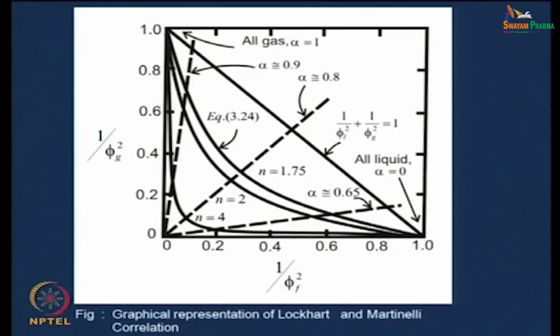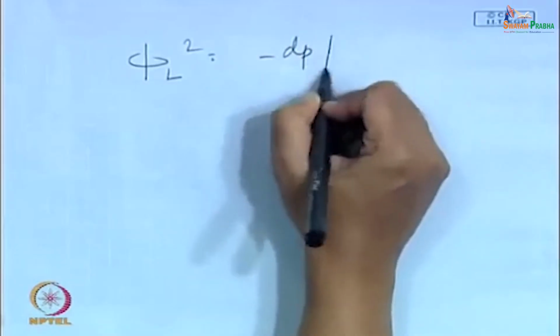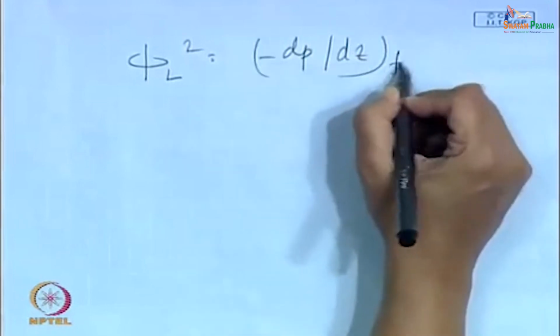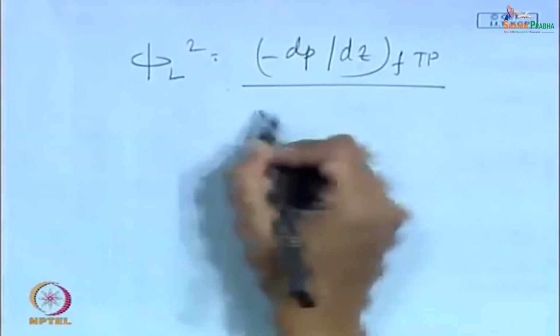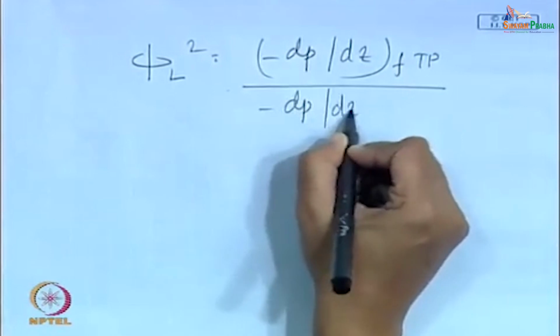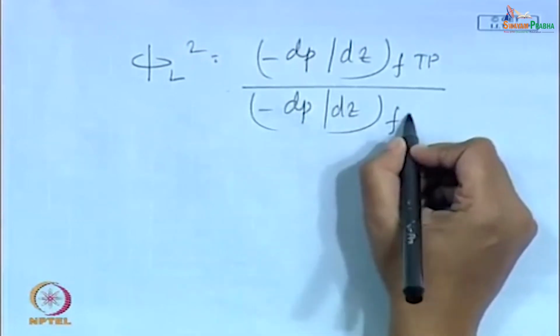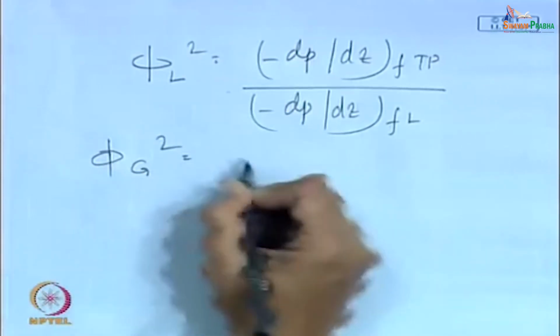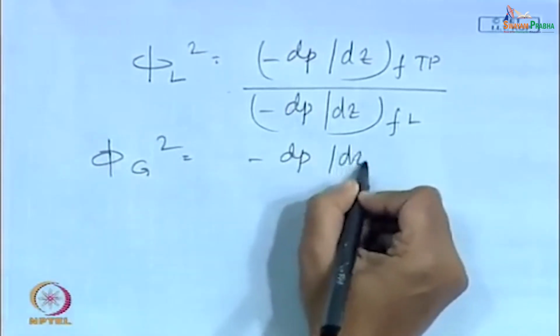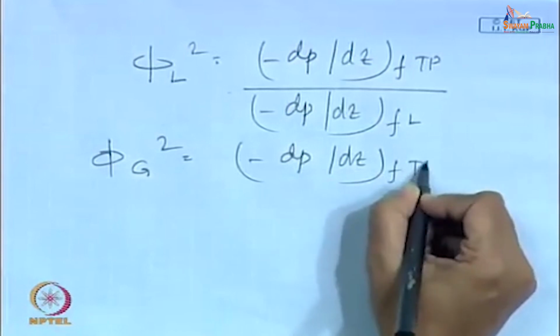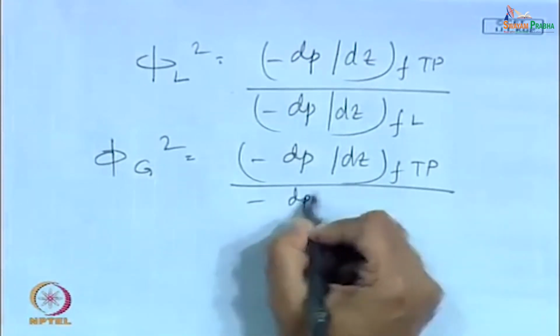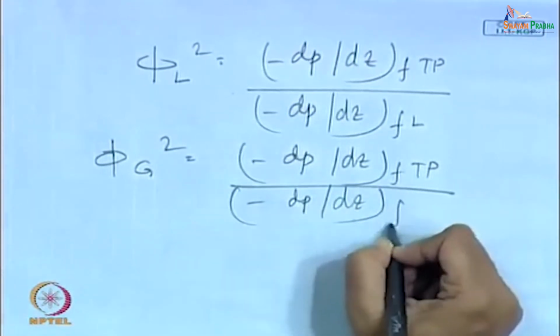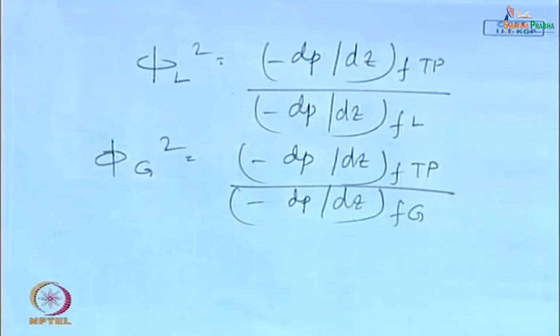Phi L square was minus dP dz frictional two phase by minus dP dz frictional when the liquid portion flows alone in the pipe. Phi G square was minus dP dz frictional two phase divided by minus dP dz frictional when the gas phase flows alone in the pipe.